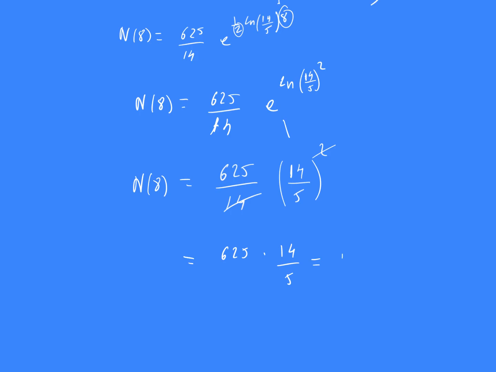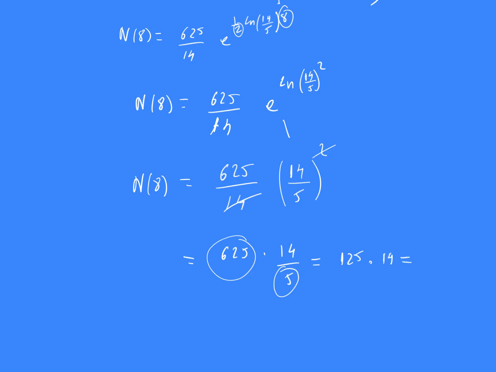Well, you don't need to use the calculator, it's 100. 125 multiplied by 5 is 625. So this divided by this is 125 multiplied by 14.